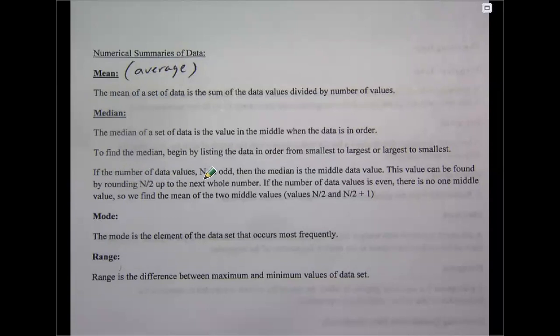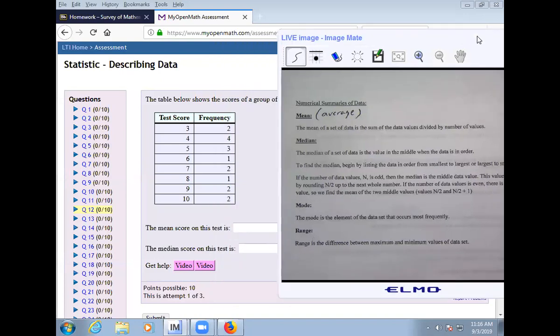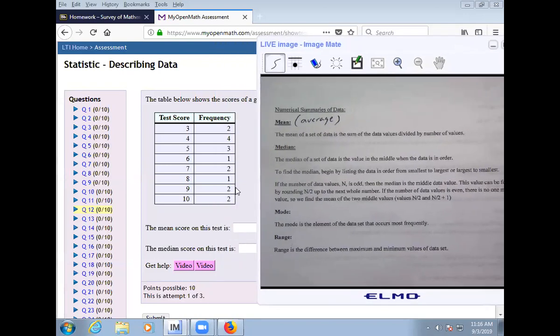If the number of data values n is odd, then do this. If the number of data values is even, then do this. So there are two different ways to find the median, and that depends on the number of data values. In this particular problem, what is the number of data values here?